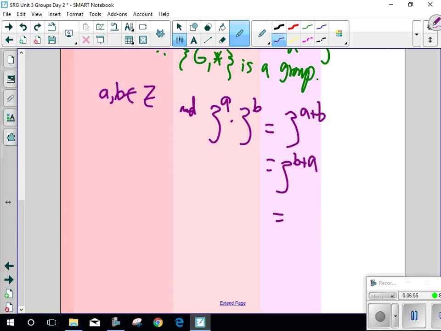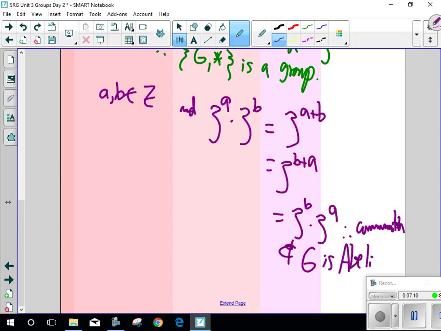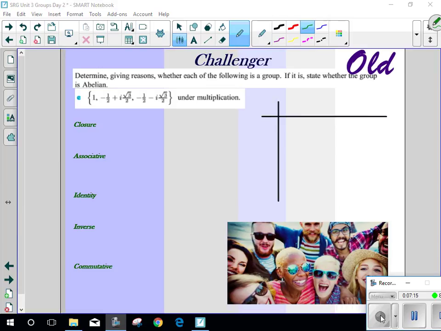Yep. Is that equal to 3 to the B times 3 to the A? Therefore, commutative. And the group is abelian. Which we kind of expected anytime you have this.